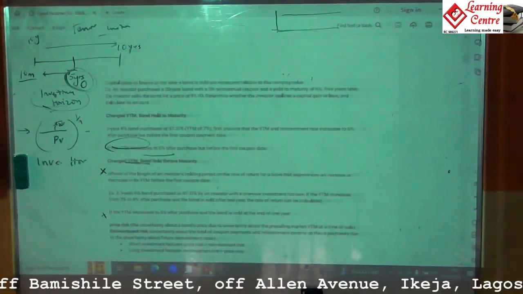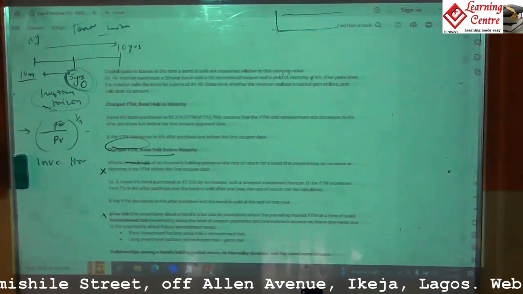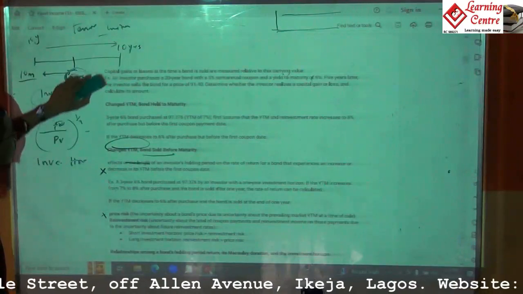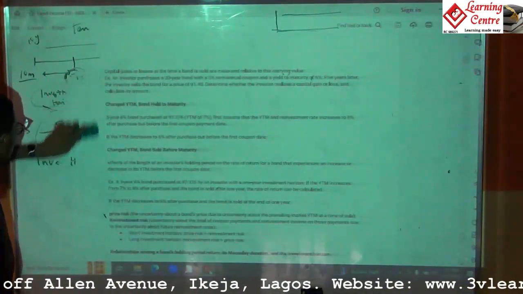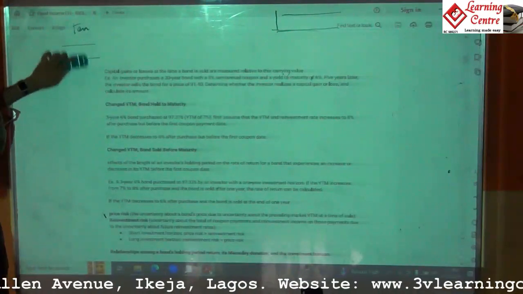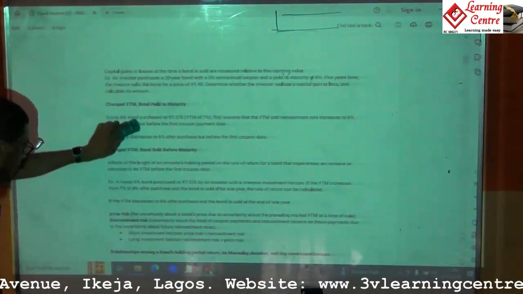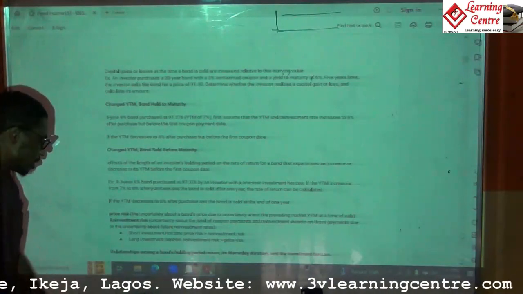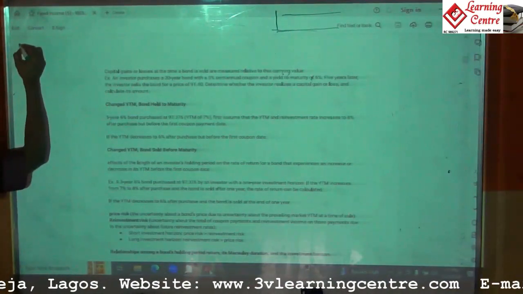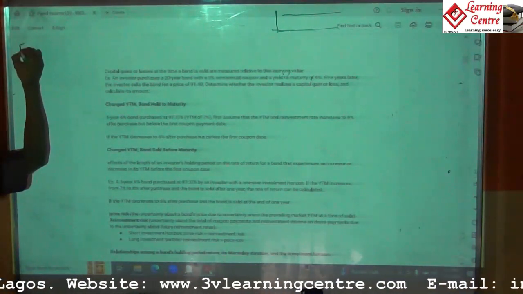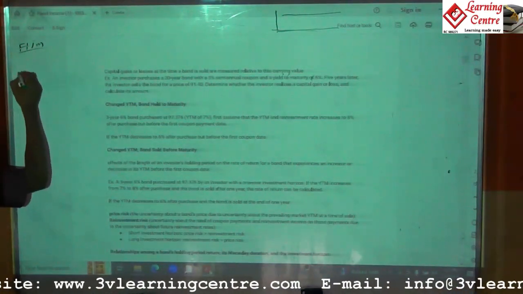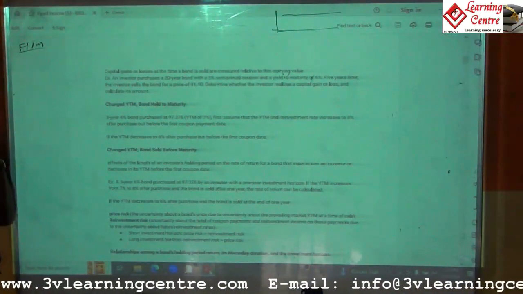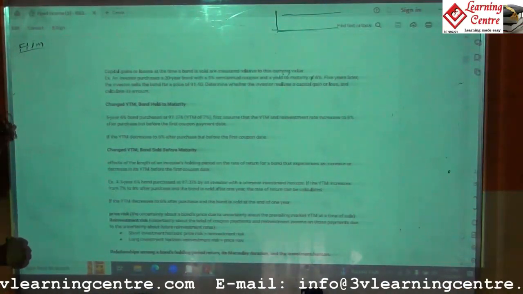Capital gain or loss when the bond is sold is measured relative to the carrying value. So if you have a bond on your book that you categorize as held to maturity, you do it as amortized cost.